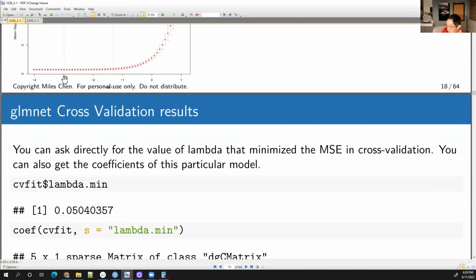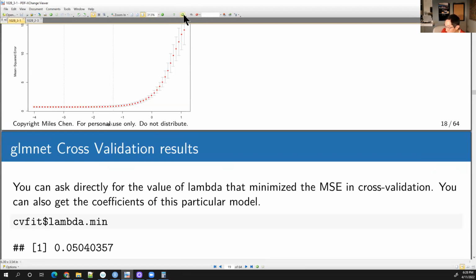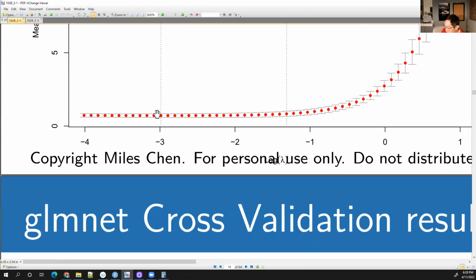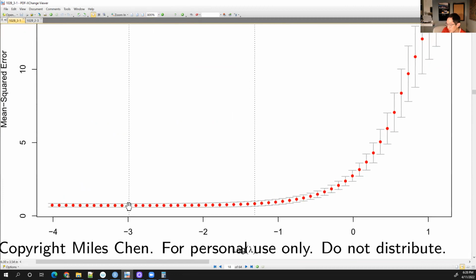You'll notice it includes a little confidence interval around this point, because there's some randomness associated, which gives it a bit of an error term.